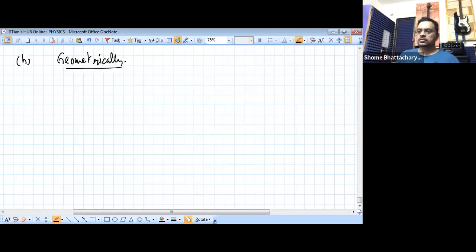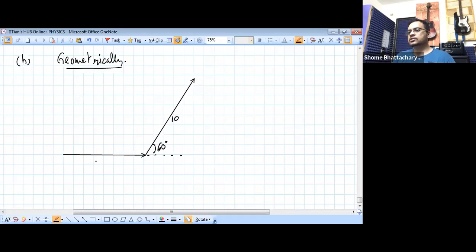So we'll see that the geometrical construction of my vector triangle will look something like this. Approximately, I'm saying something like this. And this angle has to be 60 degrees.